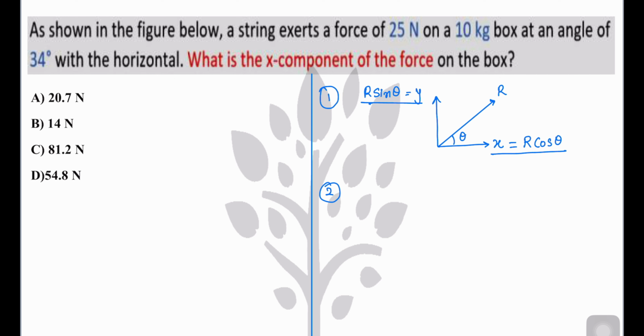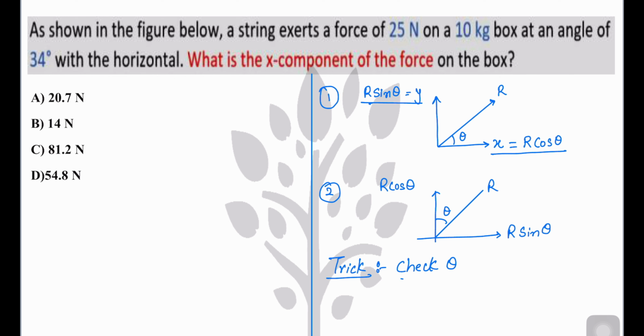Now case number 2. Let's say the angle is with the y-axis. Now here is your angle, this is your r. So this gives you r cosine theta and this will give you r sine theta. So what is the trick? The trick is to check the angle.